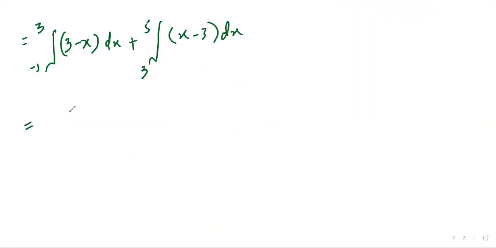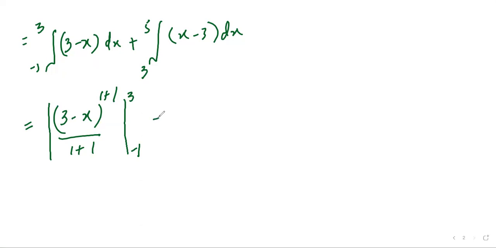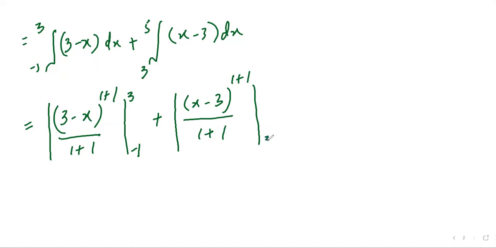So using the power rule of integration, that is 3 minus x to the power 1 plus 1 divided by 1 plus 1 bounded between the limits 3 and minus 1, plus similarly the power rule here, x minus 3, 1 plus 1, 1 plus 1 bounded between the limits 3 and 5. Okay.